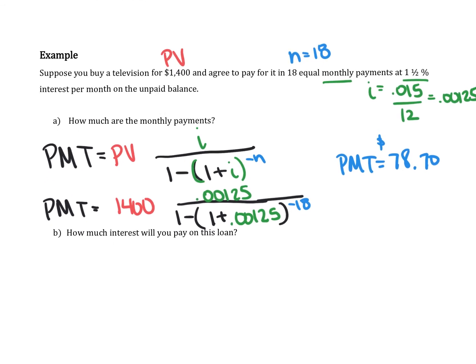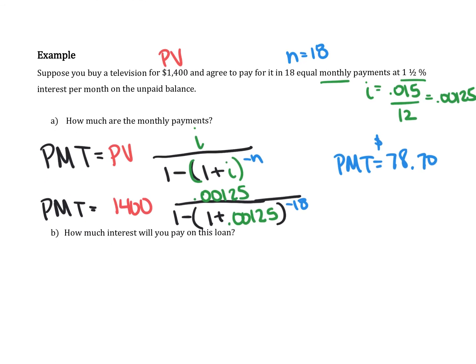So next part of the problem says, how much interest will you pay on this loan? Well, you're paying that $78.70 for 18 equal monthly payments. And remember that the actual loan, the present value of the loan itself, is only $1,400. But you're making payments of $78.70, and you're doing that for 18 months.